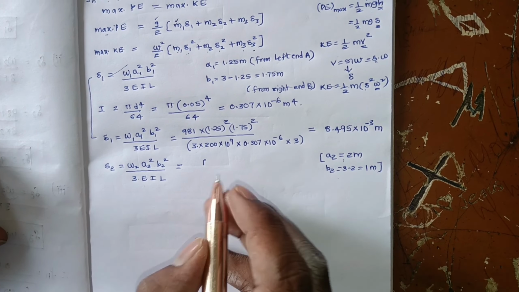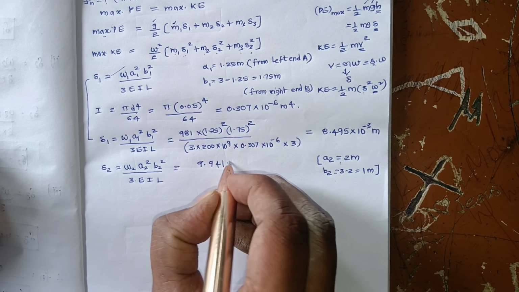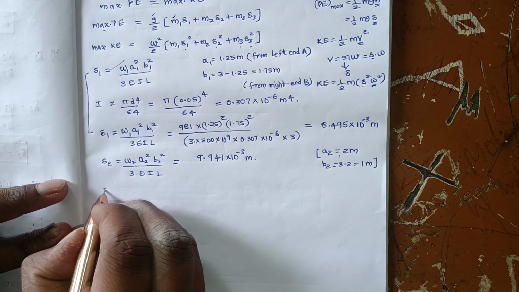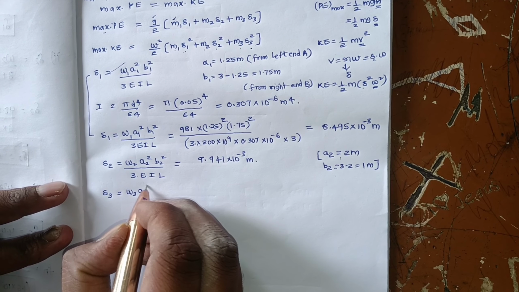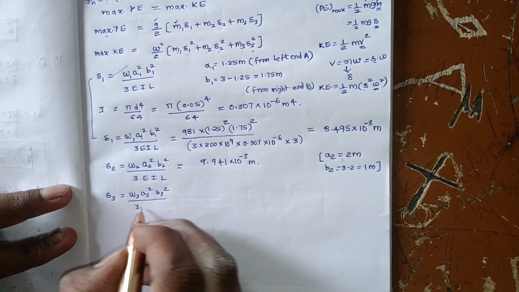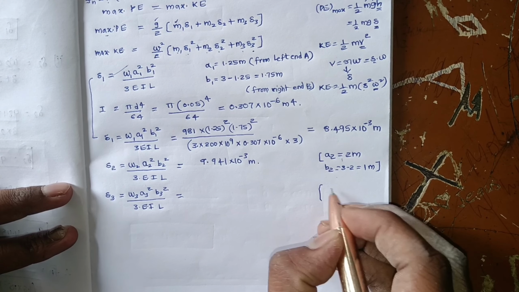Then you will get the delta 2, that is 9.941 × 10^-3 meters. Similarly, delta 3 per load 3, that is W3 A3 squared B3 squared by 3EIL. Here you have to find out A3.